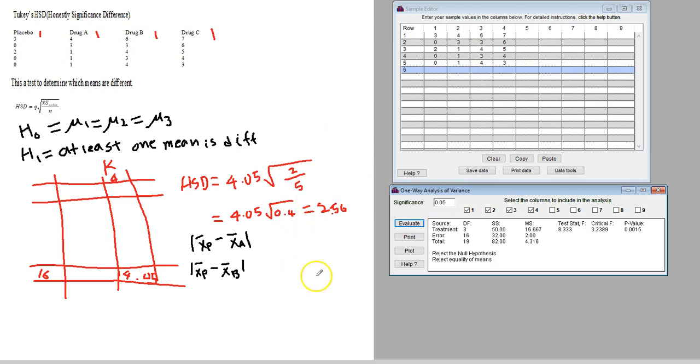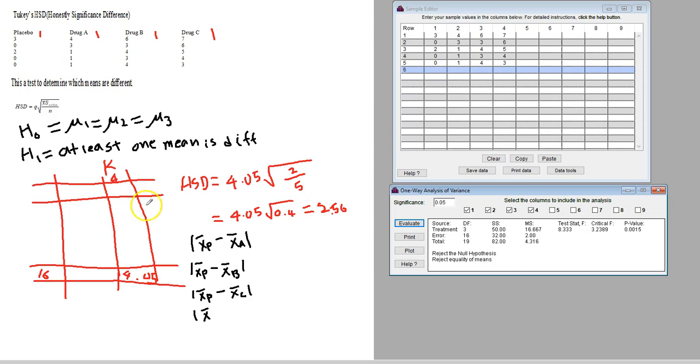All right, so the next one is going to be the placebo against drug C. Then we have placebo against drug D. Let me just go back and read.